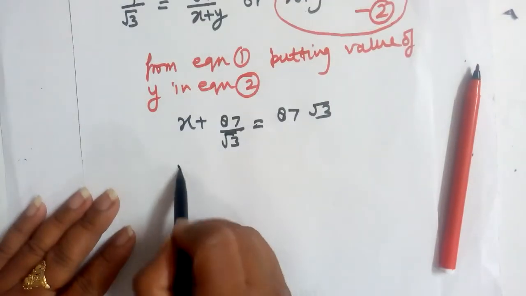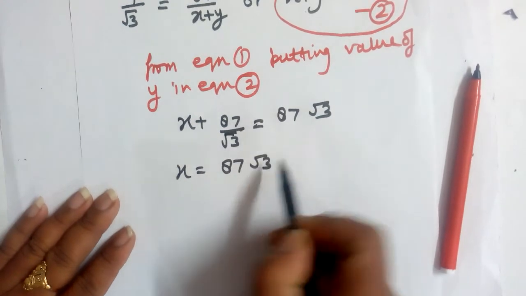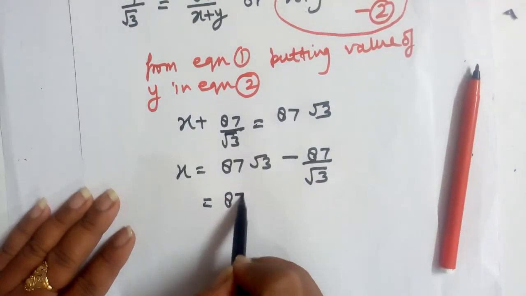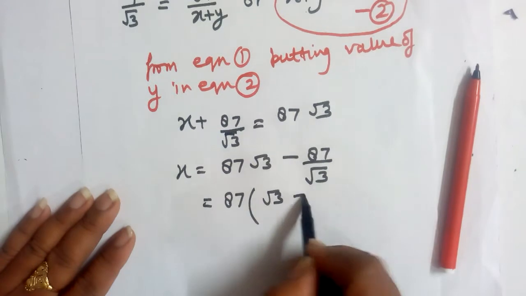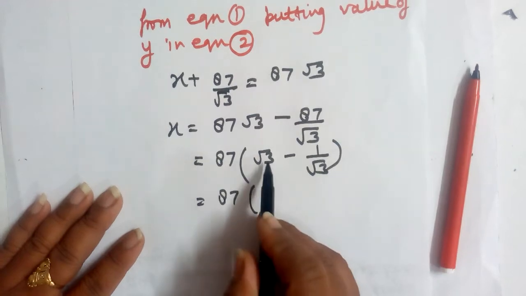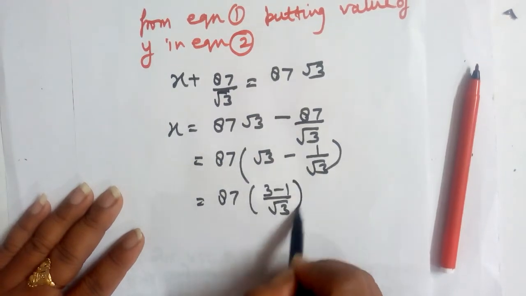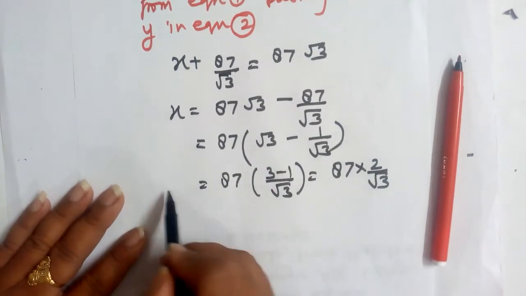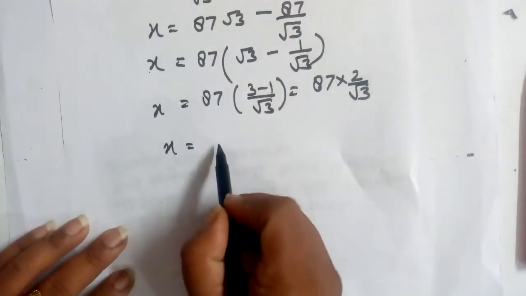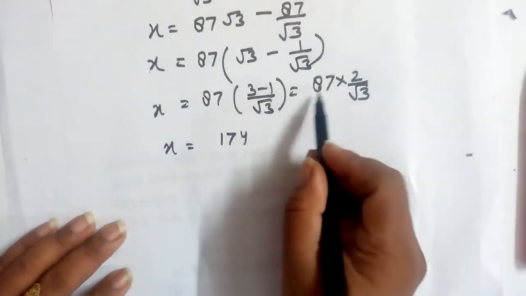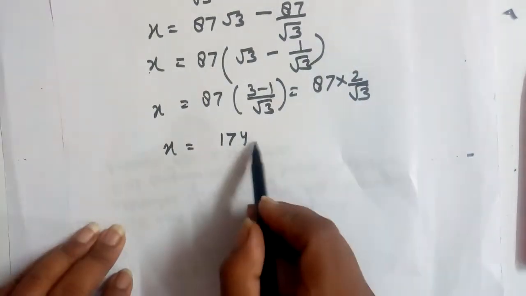Now X is equal to 87 root 3 minus 87 upon root 3. Now we can take the 87 common and we have root 3 minus 1 upon root 3. Or, 87 taking LCM, it will become 3 minus 1 upon root 3, that is equal to 87 into 2 upon root 3. So X is equal to 174 upon root 3.